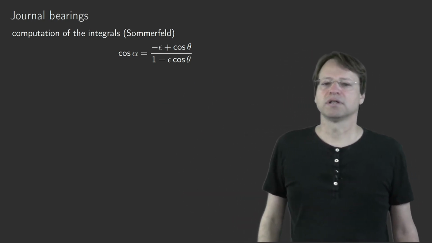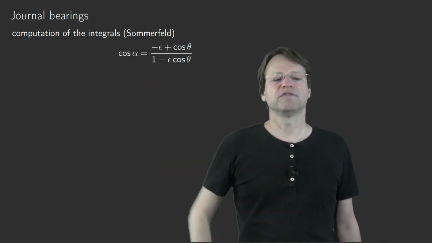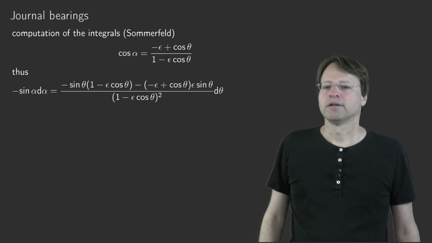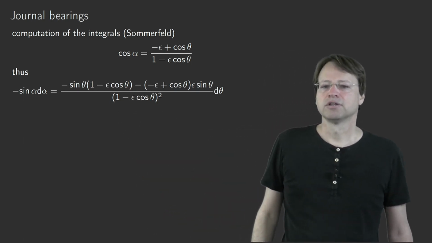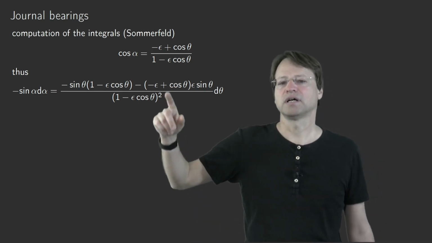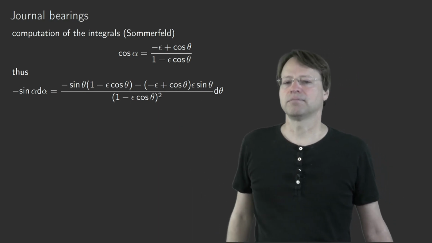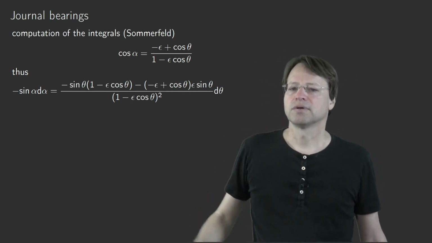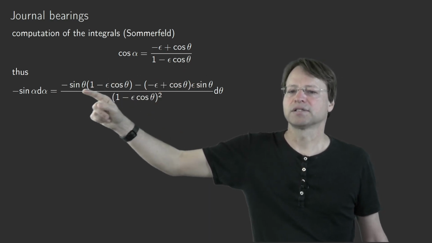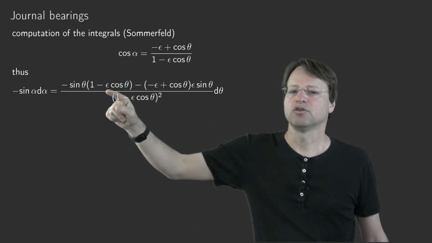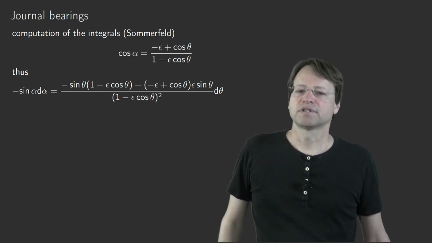First, let's compute the differentials that we need in order to substitute theta by alpha. To this end, I take the derivative of both sides of that equation. On the left-hand side, for the cosine alpha, I get minus sine alpha d alpha. And on the right-hand side, I apply the classical quotient rule. So I start with the derivative of the numerator, which is clearly minus sine theta. I multiply by the denominator, 1 minus epsilon cosine theta. Then I take the negative sign.